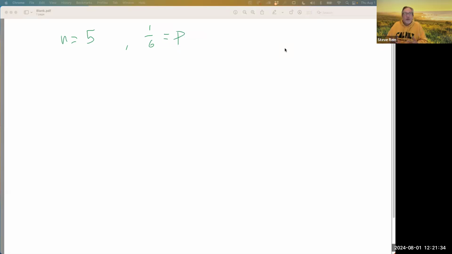So we're talking the chance of the 3, what is the probability of getting 4 3s in the 5 rolls? Probability of x equal 4. So I want to know what's the chance of 4 3s in 5 rolls.